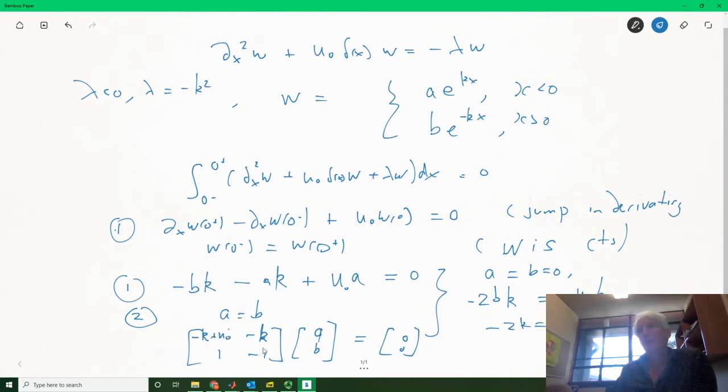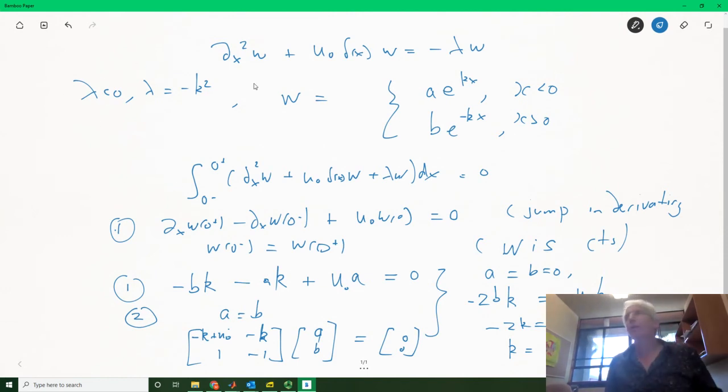So we need the determinant of that matrix to be equal to 0, which happens when k is equal to u naught over 2. Okay, so we've solved the case when lambda is less than 0.